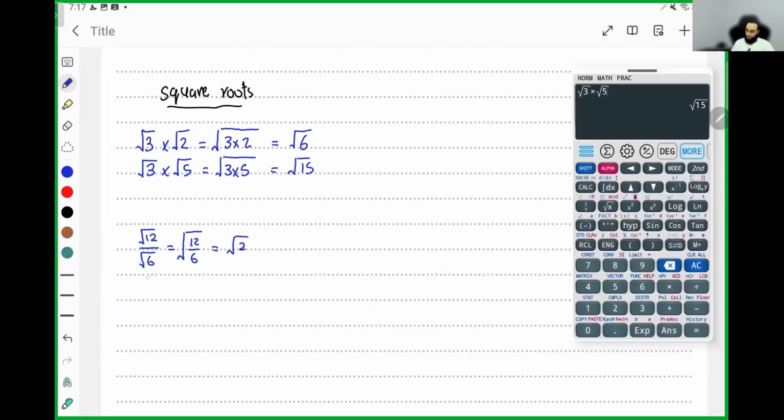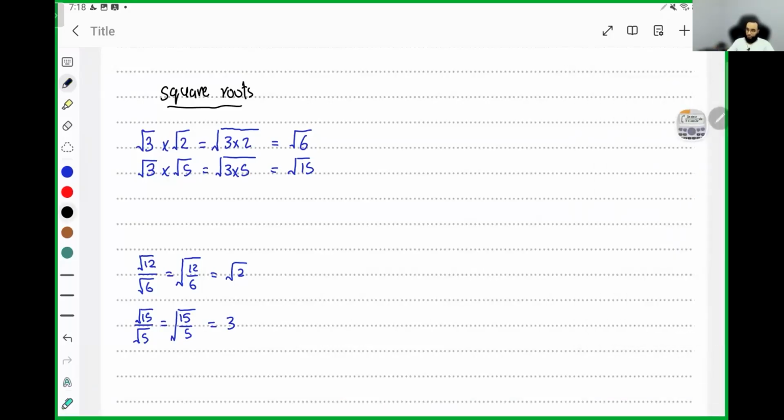The same: if we have root 15 over root 5, it's going to be only one root. What is inside the root? 15 over 5 equals 3. That's it. Any problem?